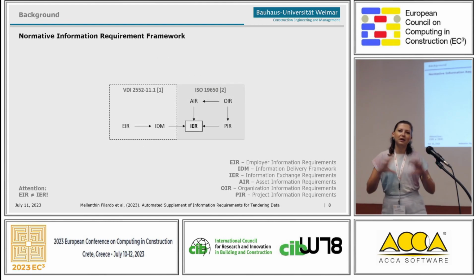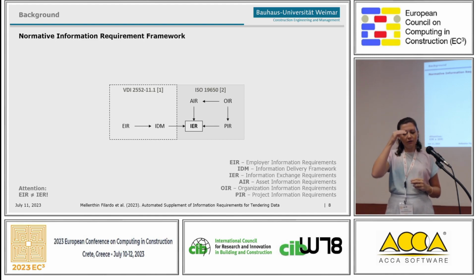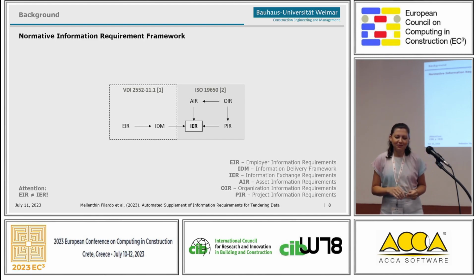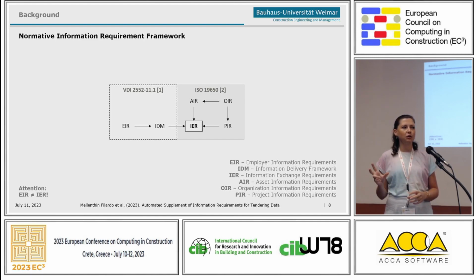And to place this in a broader scenario: in Germany, at least, we have this guideline that you see on the left side, VDI 2552 Part 11.1. It's a very nice name. They suggest that we have employer information requirements, and from those we create the information delivery manual, which I forgot also has an ISO standard.